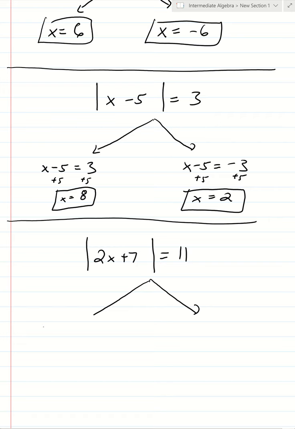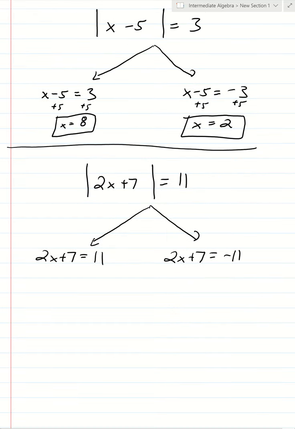The first equation of 2x plus 7 is going to equal the positive constant 11. For our second relationship, 2x plus 7 would have to equal the opposite of 11, negative 11. Those are the two equations that we have to now go and solve.